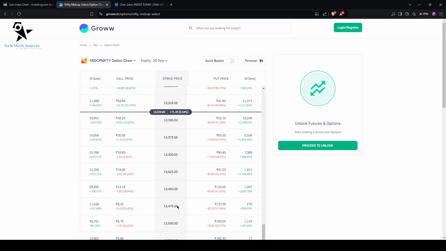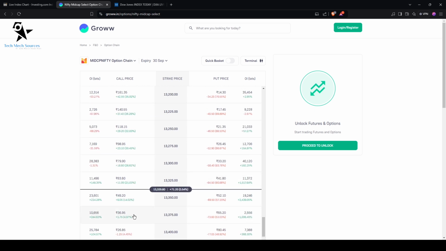What about the call side? On the call side, the prices here: 13,475 call, and 13,150. You can keep 475 in mind for the call side if the market opens gap up. I've already told you the supports and the resistances.